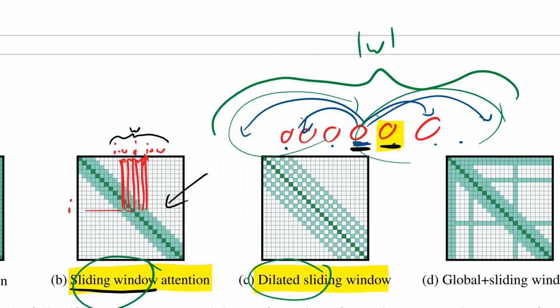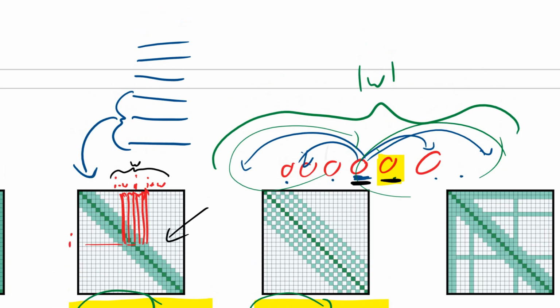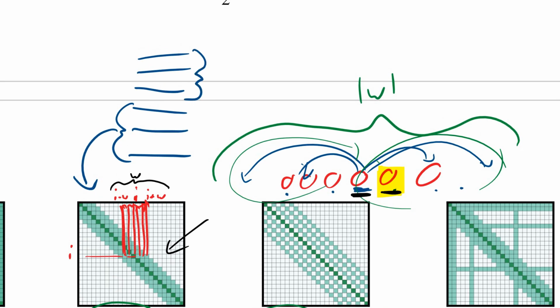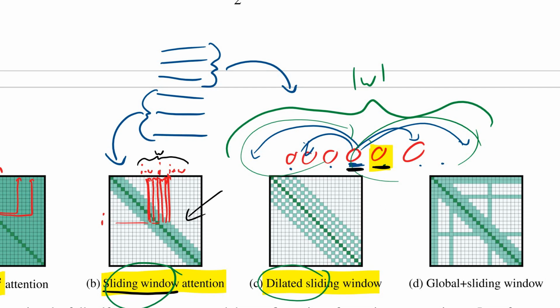They do get around this by saying, well, if we have different layers in a transformer, in the lower layers we'll use this sliding window, fully local, and in the higher layers we'll use this dilated window. Therefore, in the lower layers, we postulate that local information is what's needed to understand local features.